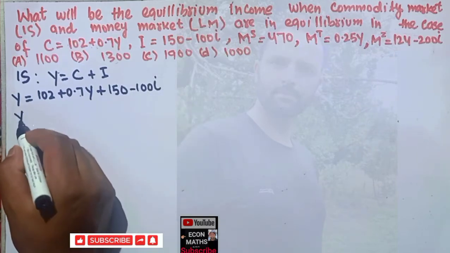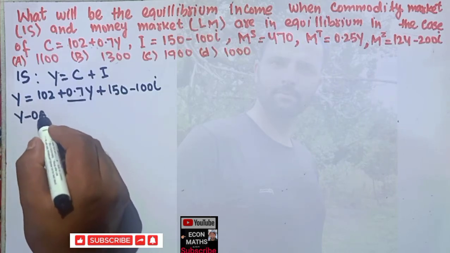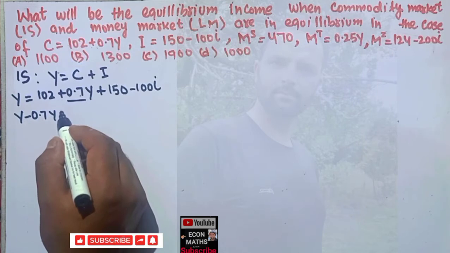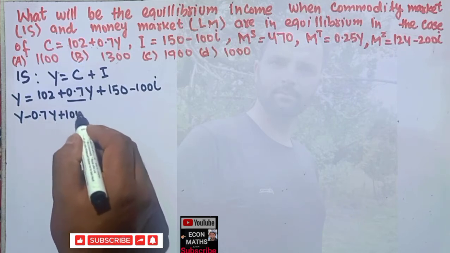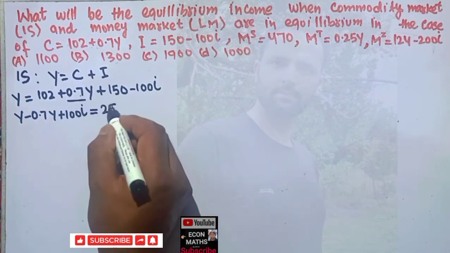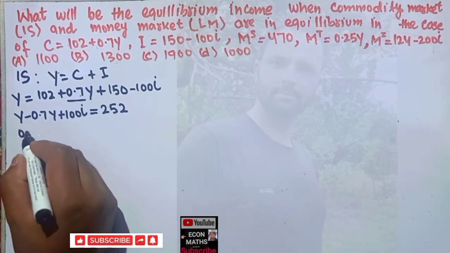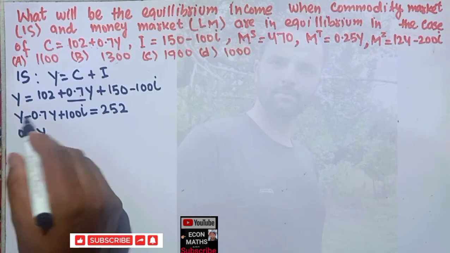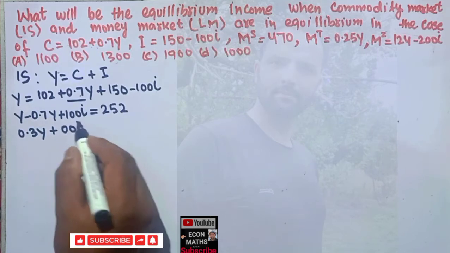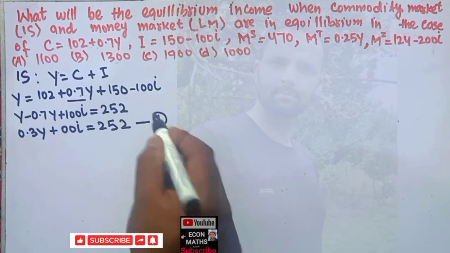Transposing 0.7y to the LHS, this becomes negative 0.7y, and transposing minus 100i also to the LHS, this becomes plus 100i, is equal to 102 plus 150, which is 252. So y minus 0.7y is 0.3y, plus 100i is equal to 252. This is our equation first.